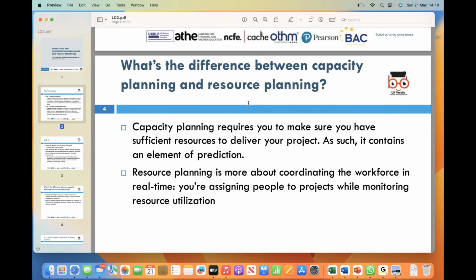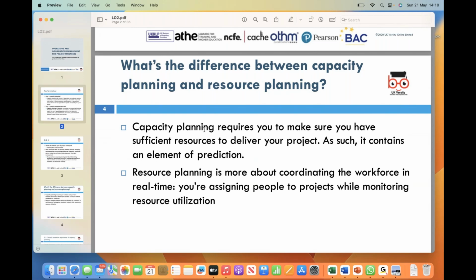Capacity planning requires a predictive element, as it involves estimating future requirements based on historical data, growth projections, and other relevant factors. On the other hand, resource planning is more concerned with the real-time coordination of the workforce.